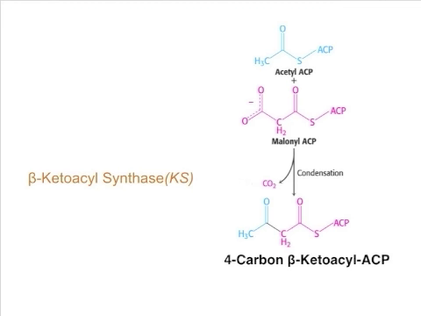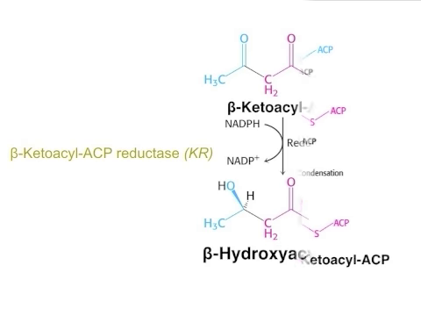Then comes the condensation. Malonyl is going to be decarboxylated, and the condensation is going to result in a 4-carbon beta-ketoacyl ACP. This is a 4-carbon unit that's attached to the acyl carrier protein. This happens through the action of the enzymatic activity beta-ketoacyl synthase, abbreviated KS.